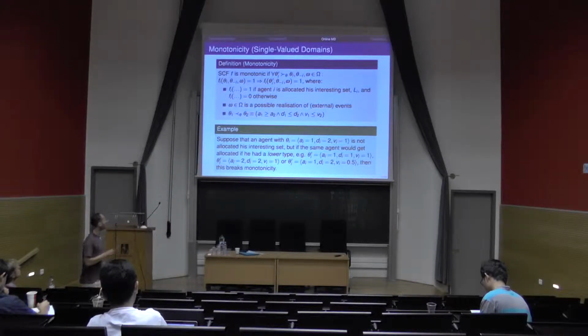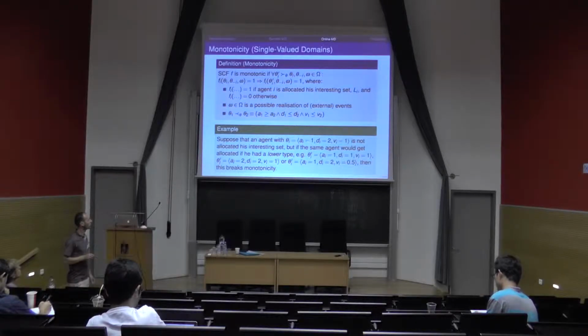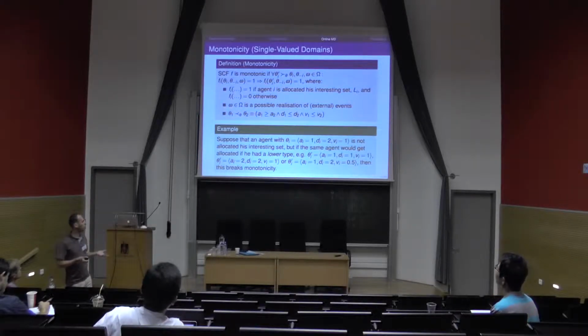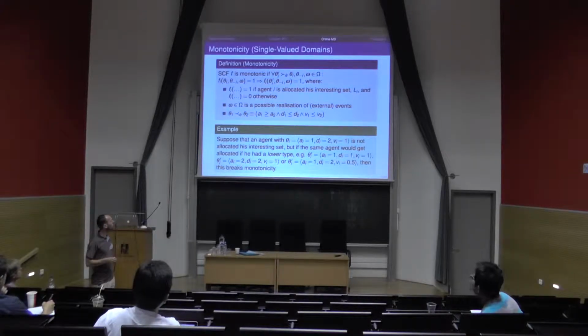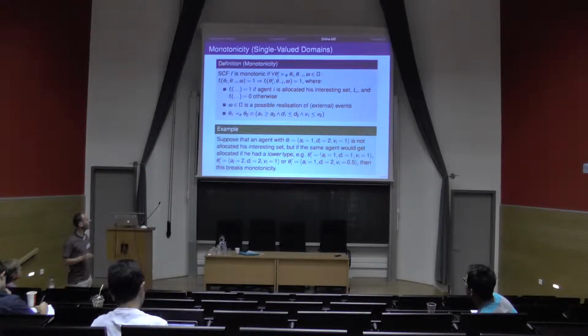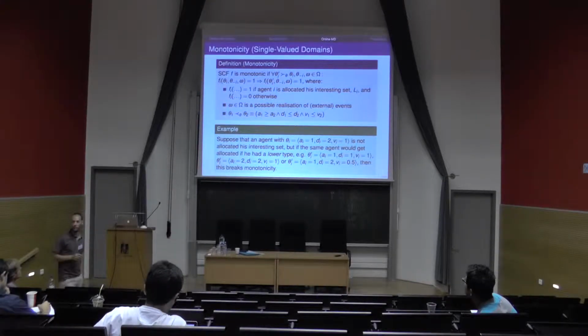Okay. So this is an example. Suppose theta I is like this. You arrive at time slot 1, you depart at time slot 2, your value is 1. So this agent is not allocated, as in the interesting set. Suppose an agent would report an earlier departure time. If he is then allocated, that violates monotonicity.